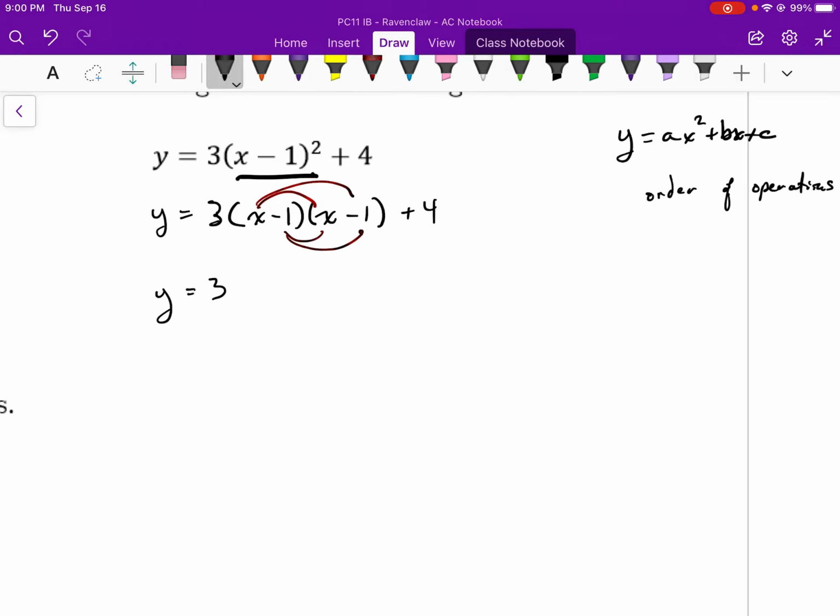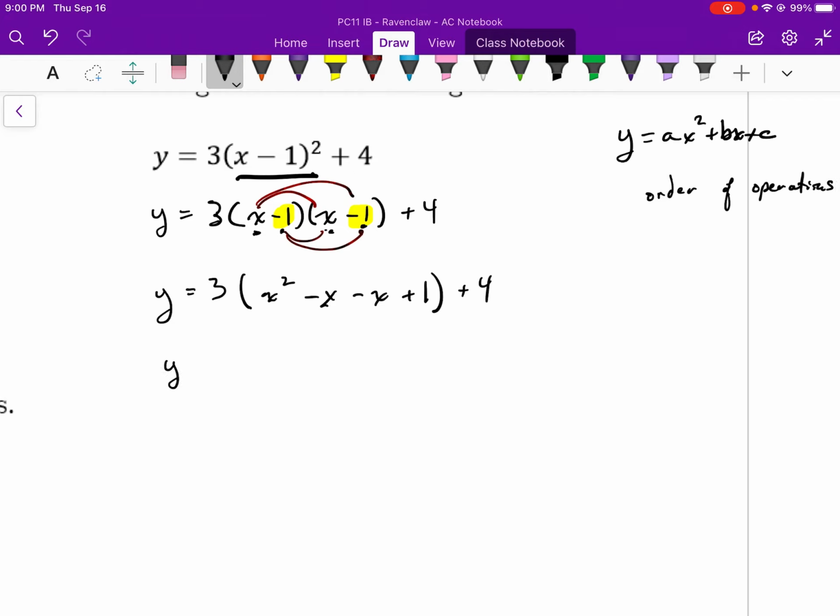So some of you call this FOIL, but x times x gives me x squared. x times negative 1 gives me negative x. Negative 1 times x is going to be negative x. Negative 1 times negative 1 is going to yield positive 1, plus 4.